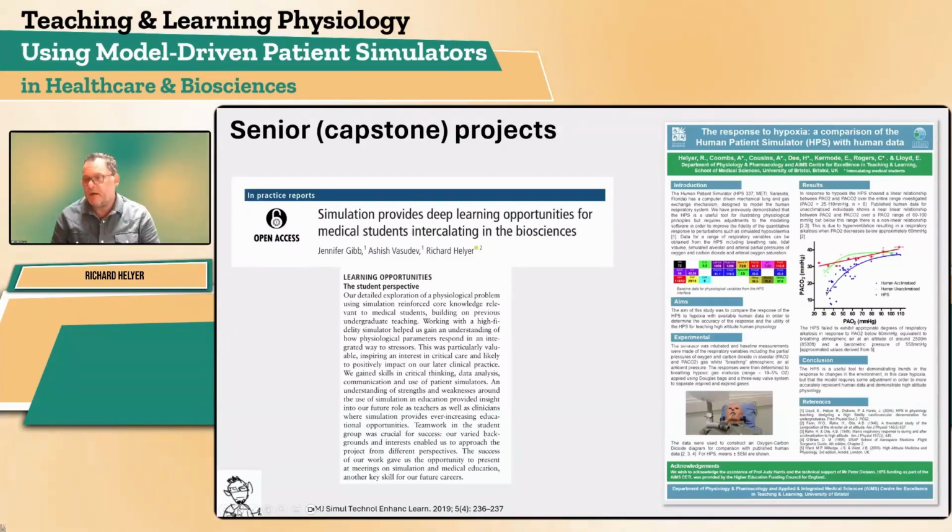We found that simulation can provide, we think, very deep learning opportunities for our students to have a fully experimental experience when they're carrying out these extended projects. And these projects go on for a number of weeks, something like 12 weeks in a term. What we've done with our students is we ask them to explore maybe a challenge to physiology or some pathophysiology, sometimes of their choice, which provides challenges.